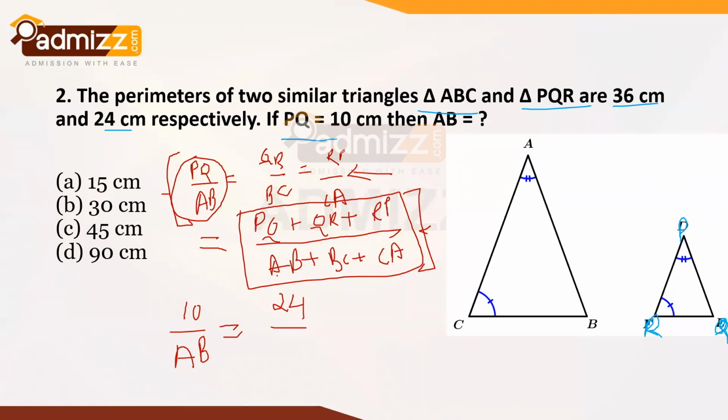And the perimeter of ABC, which is AB plus BC plus CA, the denominator of this fraction, is given as 36. Solving this, AB is equal to 12 times 2 over 12 times 3, so this is equal to 30 over 2, which is equal to 15. So the correct answer is option A.